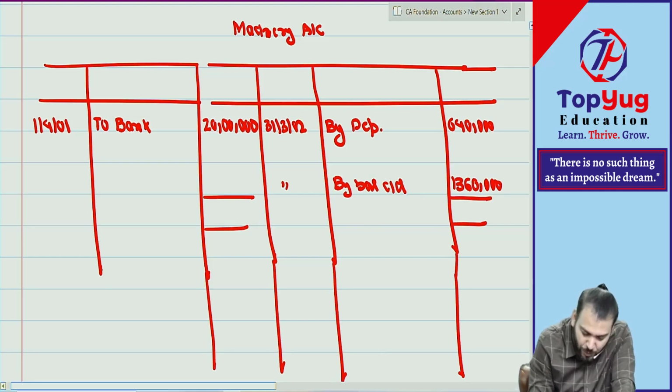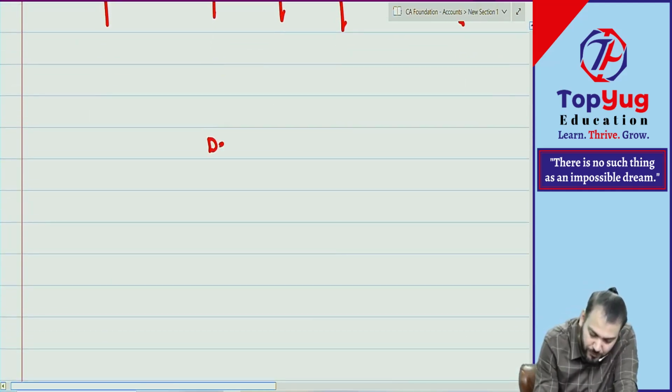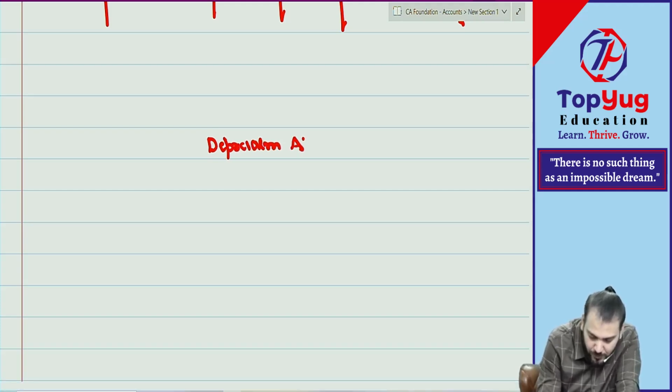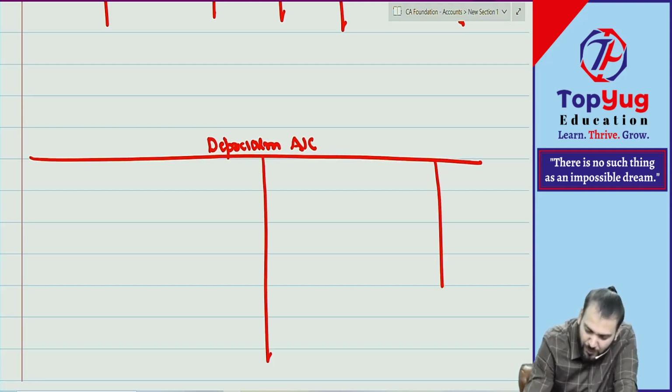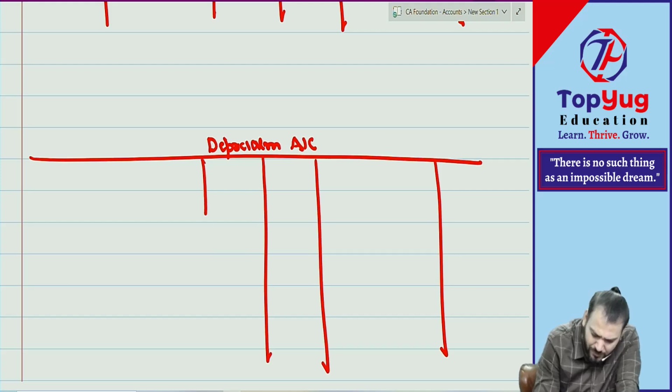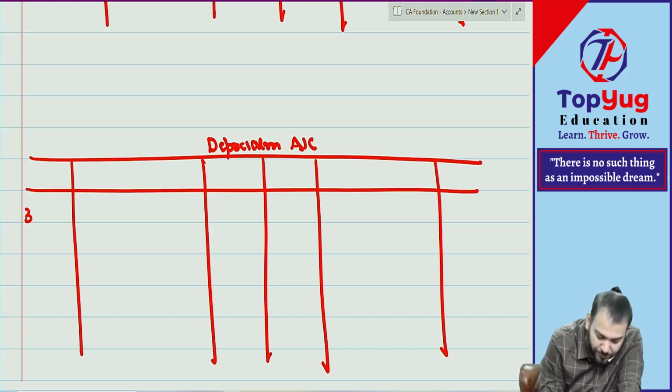You can do it on your own. Then we also need to prepare which account? Depreciation account. I am doing only for 1 year. The depreciation account will come on 31st March 2002. Machinery depreciation account debit machinery.